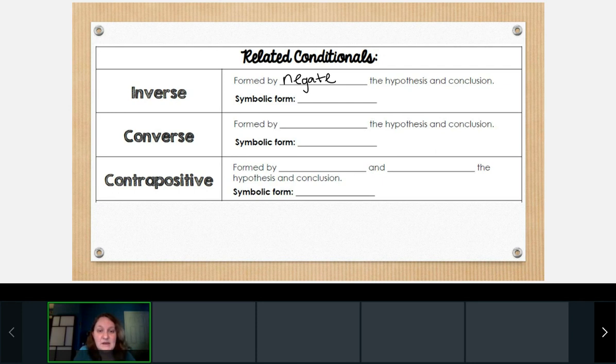So instead of writing, so this would be our conditional statement, if P then Q, I would write if not P, then not Q. Okay, remember that squiggle means not.